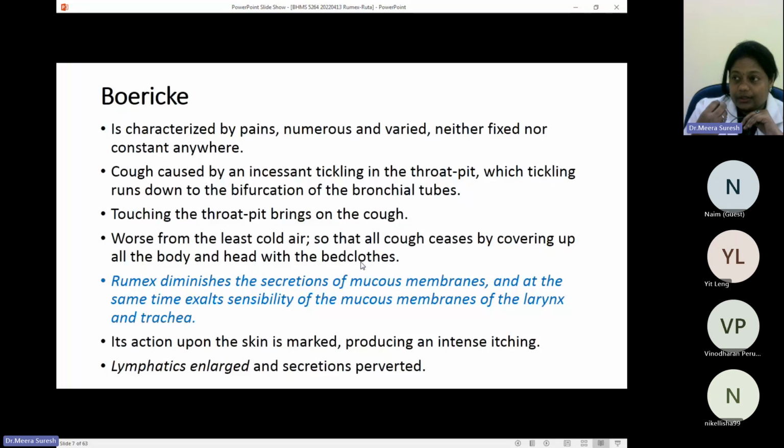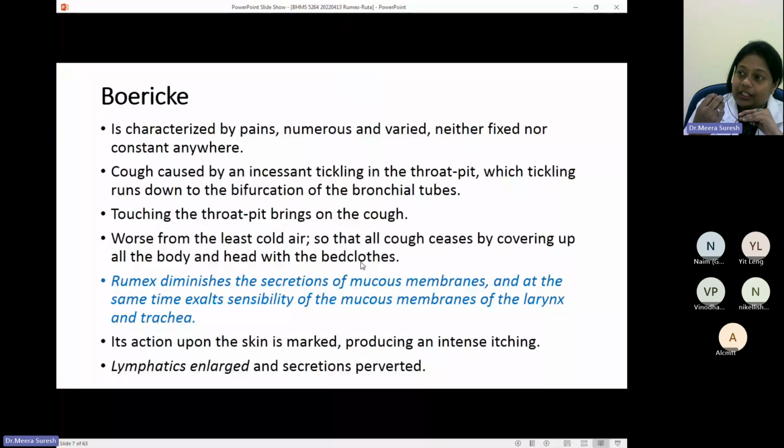Even the slightest entry of cold air produces the symptoms, so the patient will be stuffing his mouth with a bedcloth for amelioration. That much is the aggravation from cold exposure the patient is having.